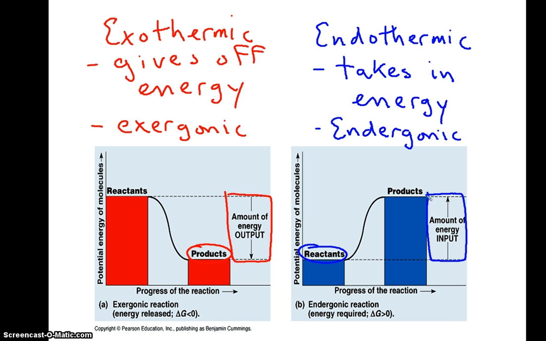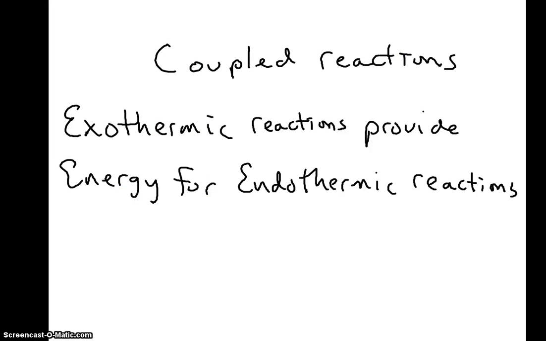So this would be something like photosynthesis, where energy from the sun is provided to make a higher energy molecule such as glucose. So these two reactions will be coupled, exothermic and endothermic, because one gives off heat, the other takes it in, or energy. And that's the idea of coupled reactions.